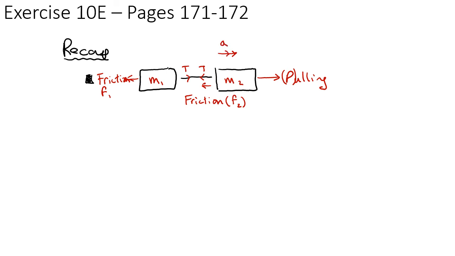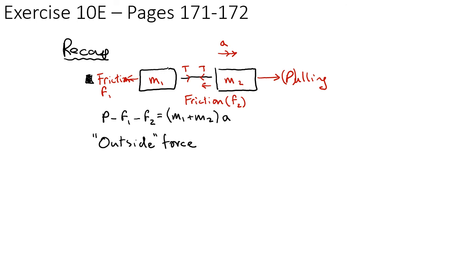Then our resultant force is going to be the pulling force, take away the two frictions, F1 and F2, and that will equal the total mass times A. So when we're trying to find an outside force, what I mean by that is a force that's not between the objects, then we can just clump everything together, clump together masses.